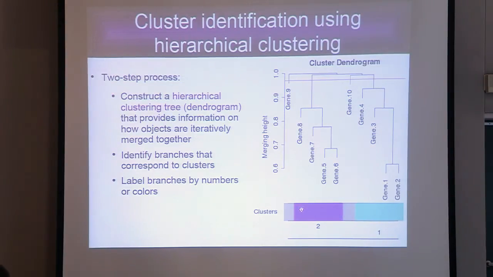When we do that, we mean that this blue color is assigned to this cluster. So all these four objects are in the blue cluster, and these four objects are in the turquoise cluster, and these two objects here, gene 9 and gene 10, are gray, and the gray color we reserve for the objects that are not assigned to any of the clusters. So they're sort of on their own. They're too far from anything.